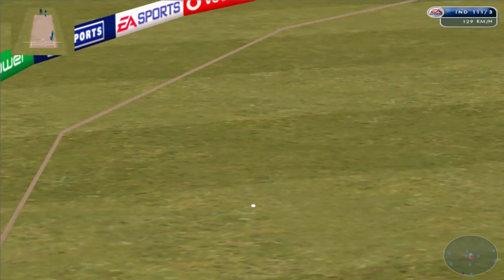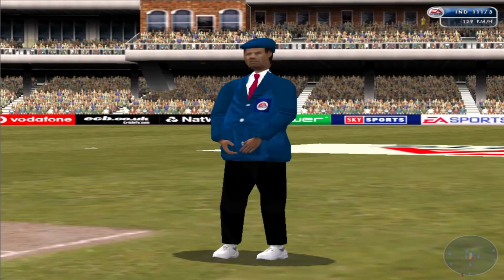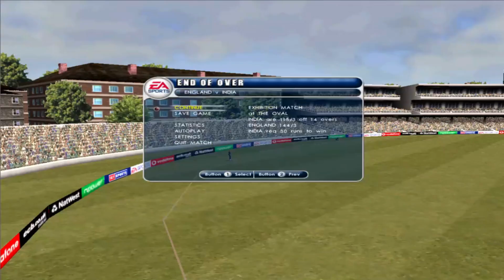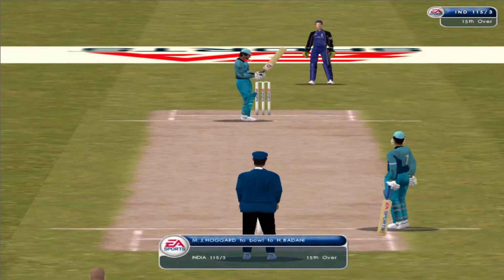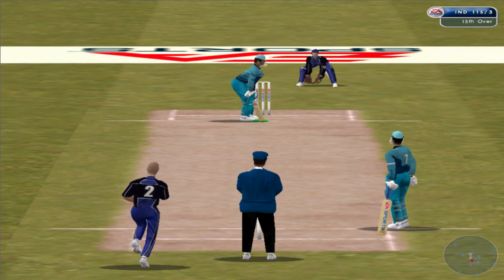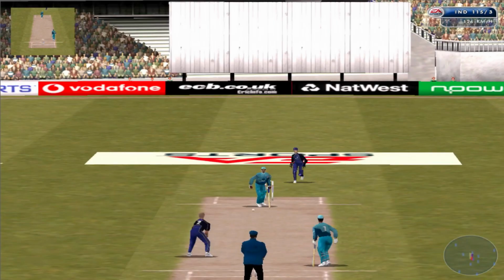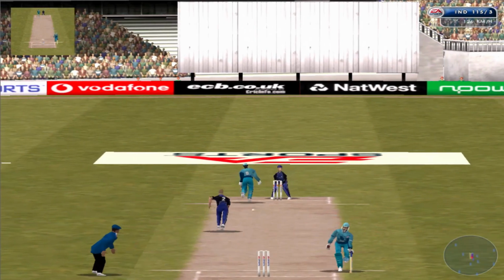That's straight up in the air. That was a wonderfully timed straight drive. Gave the batsman too much room there. 4 runs. 9 runs came from that over. Hoggard bowled the last of his allotted overs. The required run rate is around 4.5 an over.